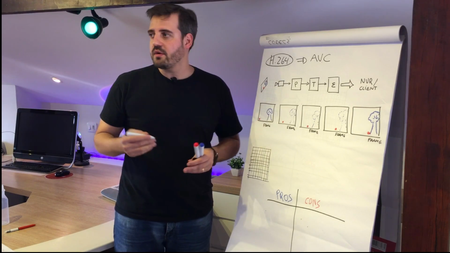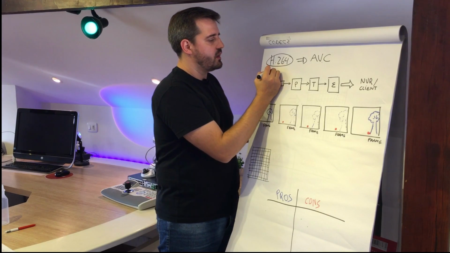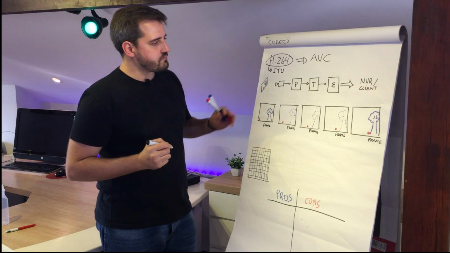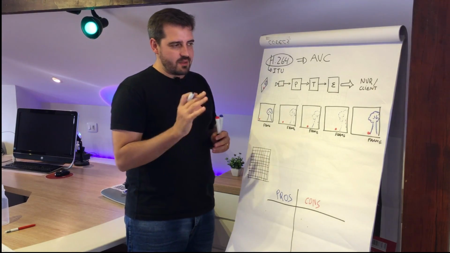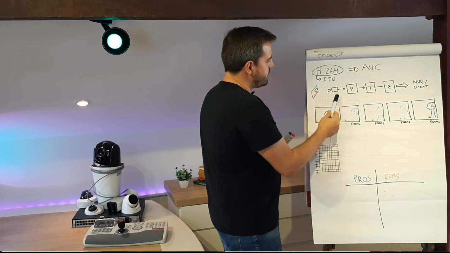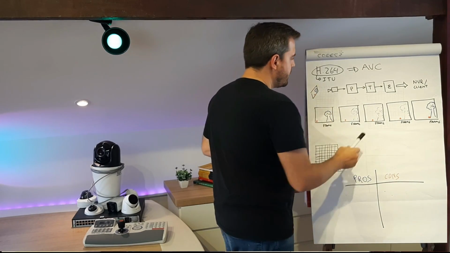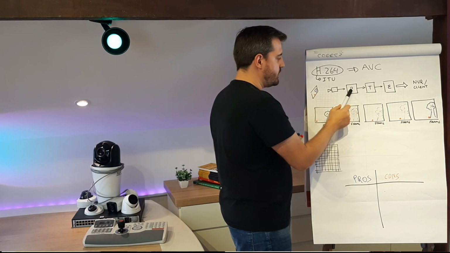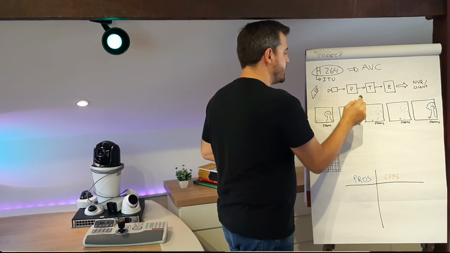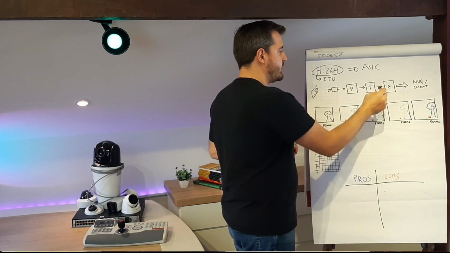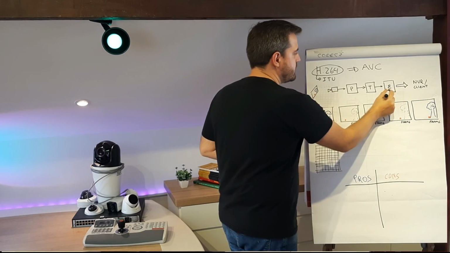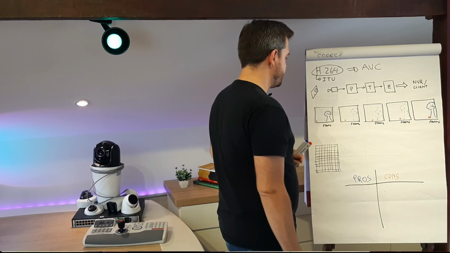H.264 is a standard created by the International Telecommunication Union, and basically the summary of its principle is the camera getting the scene. It will have a component here that is the prediction. The second one is the transformation, and the last one is encode. And after that, it will send to the NVR and client.